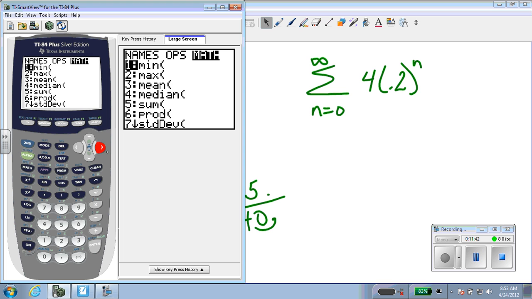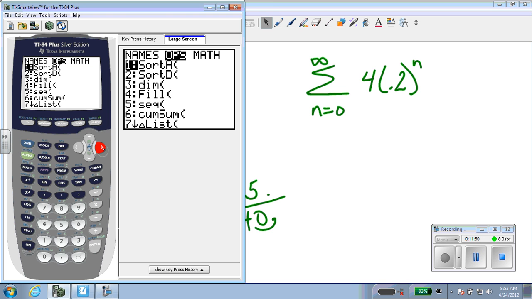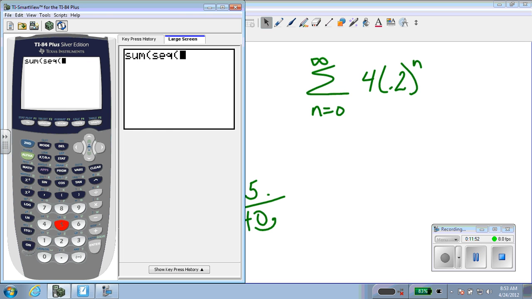And if I tried to trick my calculator into doing it, because I maybe don't quite believe it, although tricking your calculator should not make you believe it more. Although sometimes we believe what we can see. 4 times 0.2 raised to the x, comma x, comma 0, comma, well, last time 60 worked, so let's try 60.